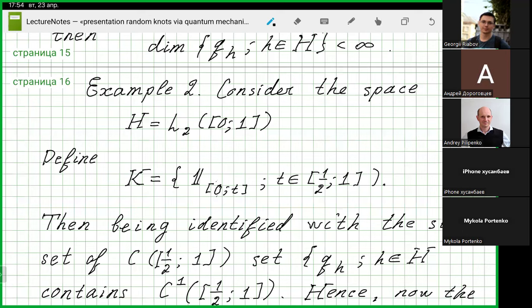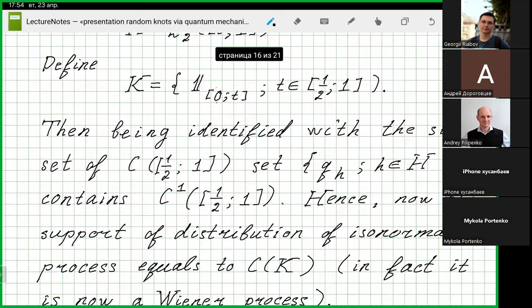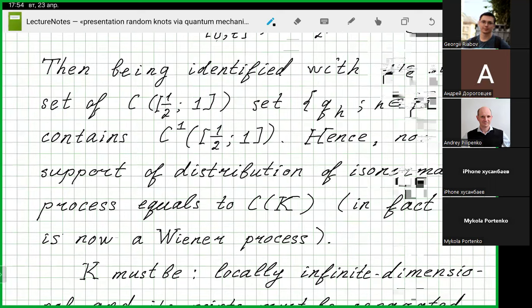Then, being identified with the subset C[1/2, 1], the set Q_H contains C^1, and then it is dense in all of C[1/2, 1], and we have a good answer. By the way, now this isonormal process is simply the Wiener process.